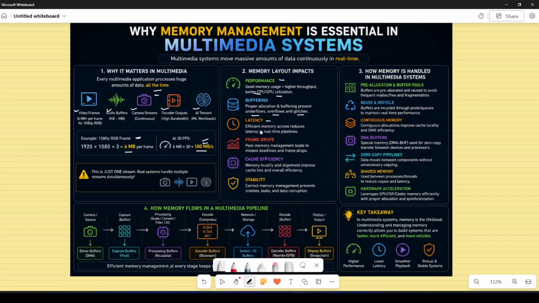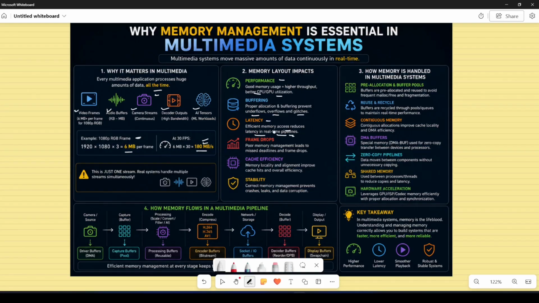Latency: if there is no efficient memory access, there will be latency in real-time pipelines. Suppose a CCTV camera is being monitored somewhere. If there is no proper memory access or allocation given to the multimedia pipelines, then there is no use of these real-time pipelines.